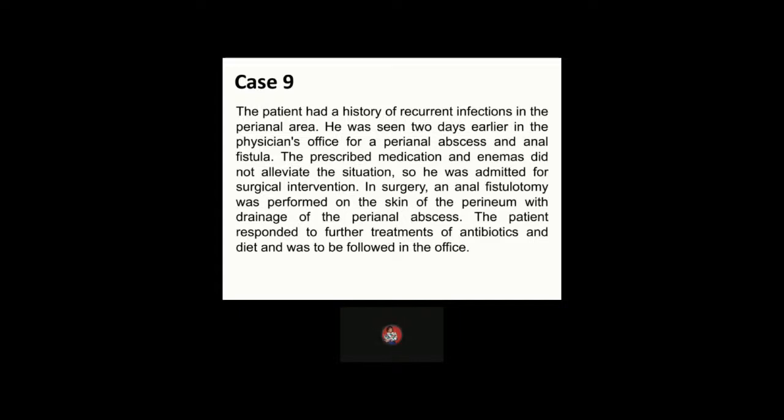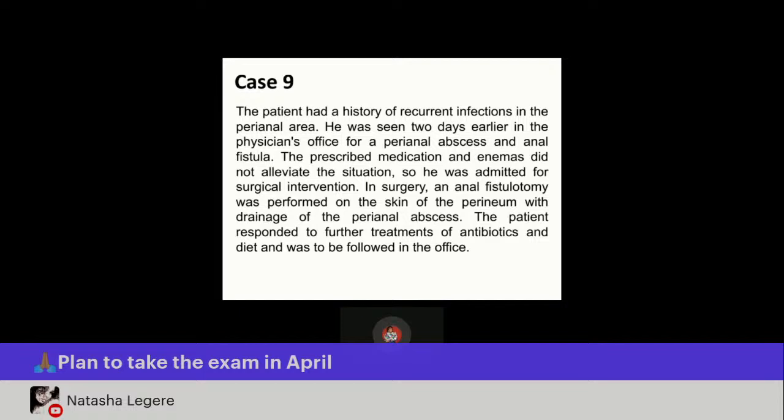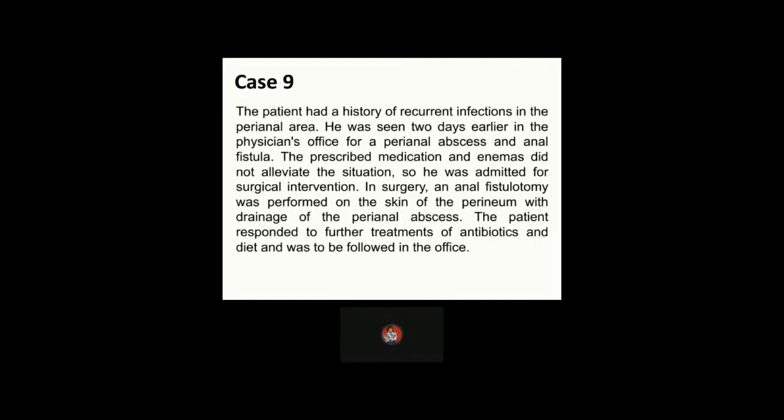In surgery, an anal fistulotomy was performed on the skin of the perineum with drainage of the perianal abscess. The patient responded to further treatments of antibiotics, and diet was to be followed in the office. So, I know you're probably thinking, well, this one is probably drainage or division, because we were talking about that, right?